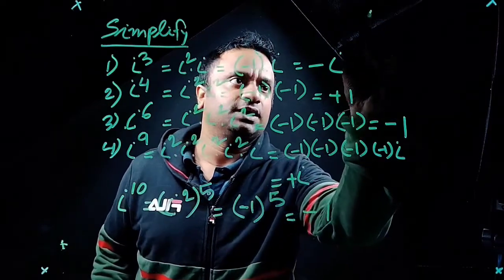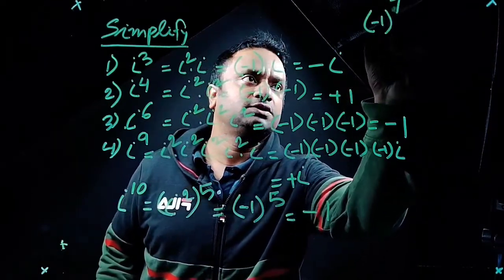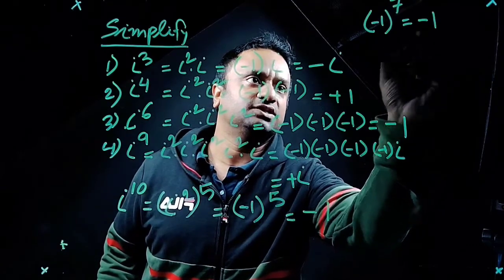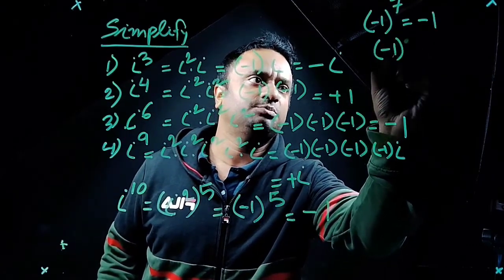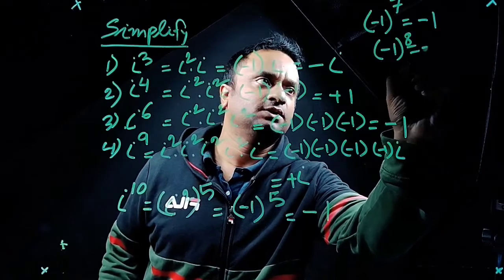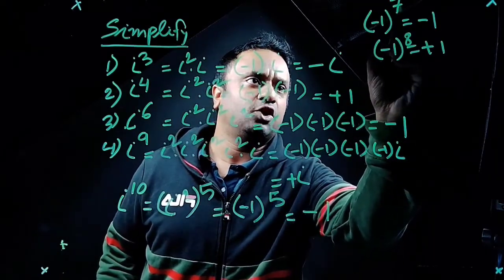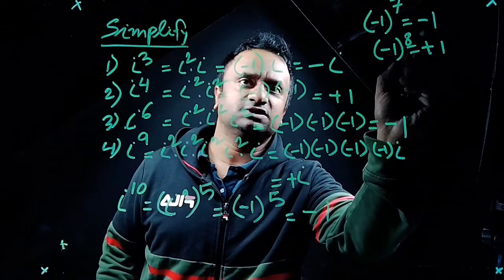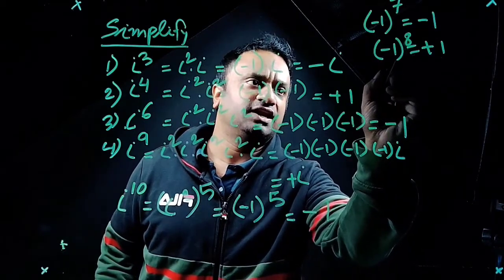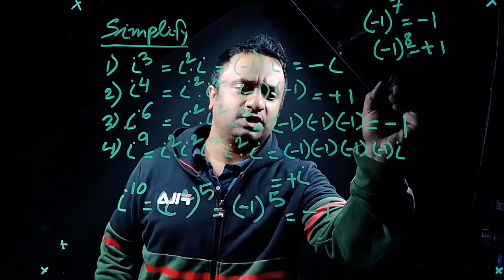Say minus 1 to the power 7 equals minus 1, but minus 1 to the power 8 equals plus 1. Because you see 7 is an odd number, so minus 1 to the power 7 equals minus 1. 8 is an even number, so minus 1 to the power 8 equals plus 1.